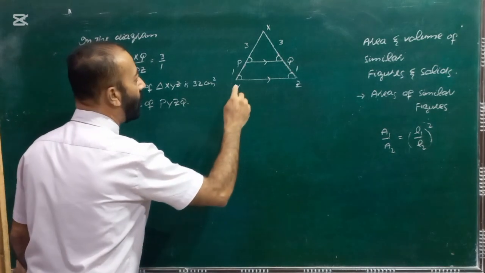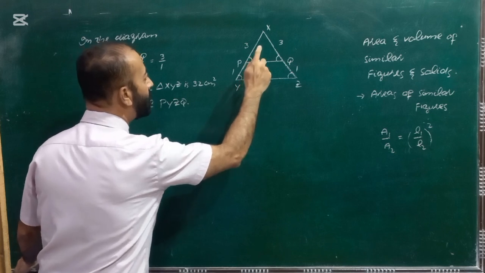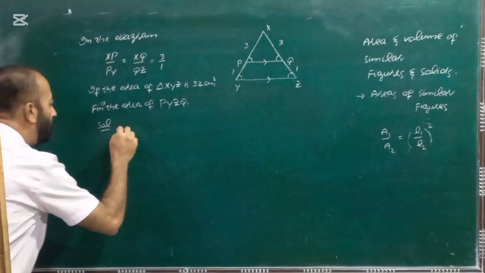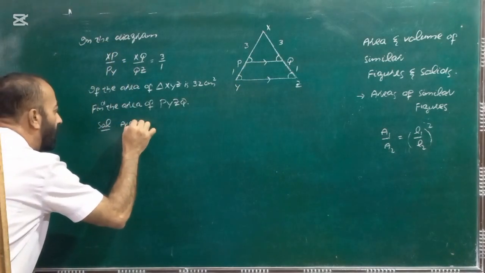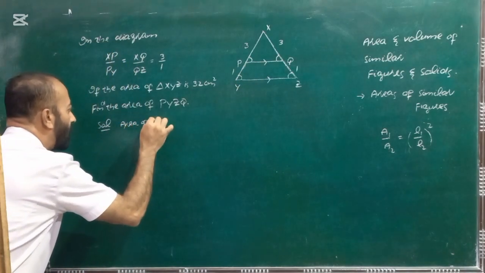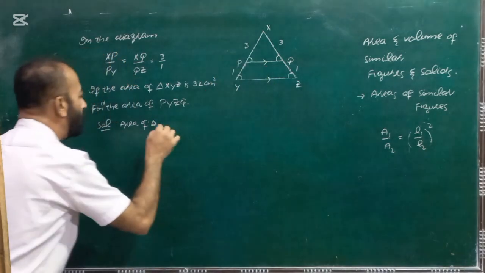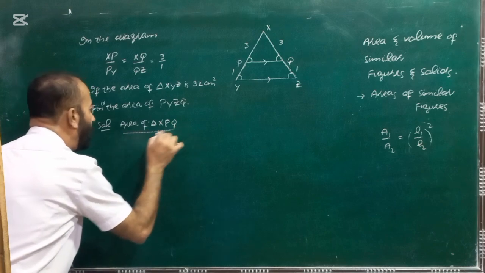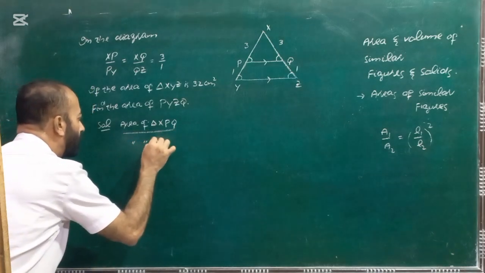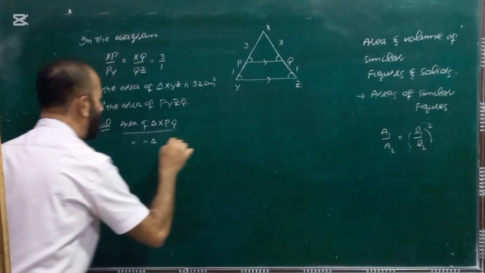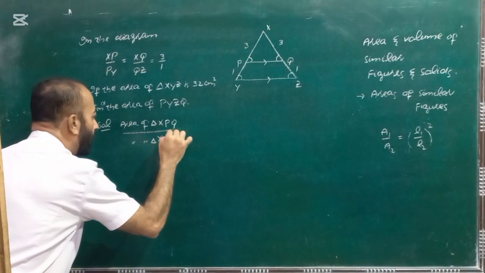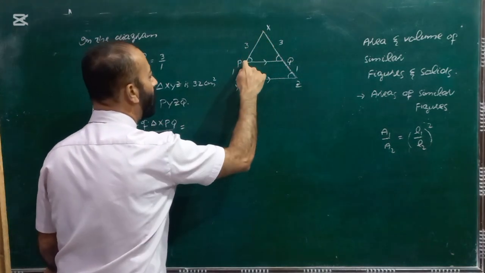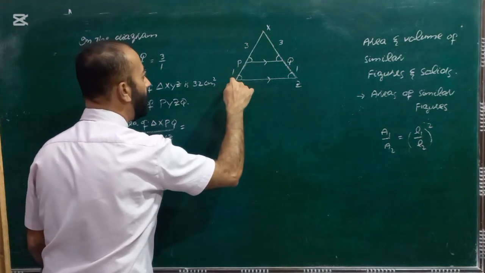Now we are moving from the smaller to the bigger triangle. The area of triangle XPQ divided by the area of triangle XYZ will be equal to the smaller side, that is 3, over the bigger side, that is total 4.